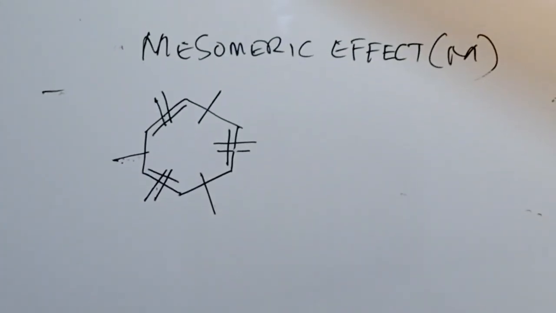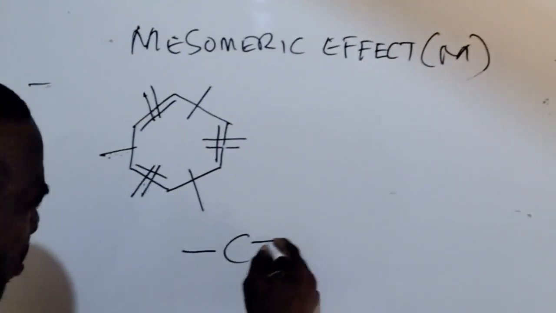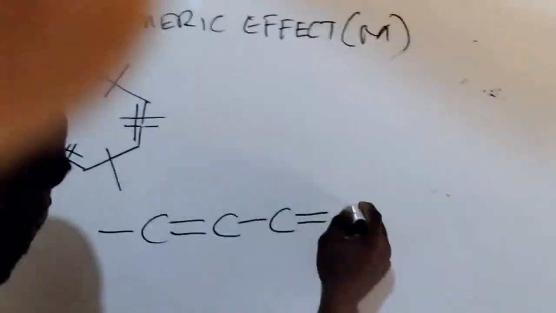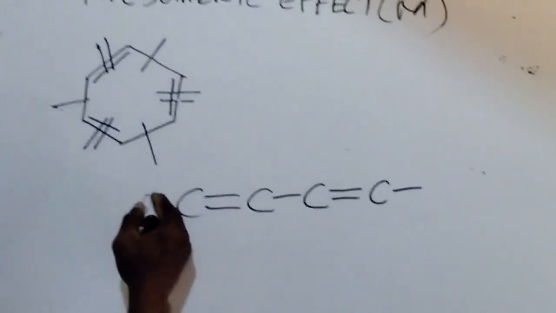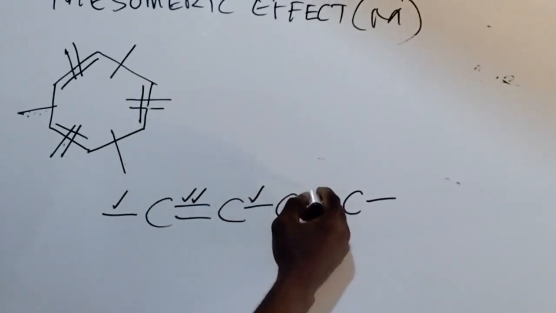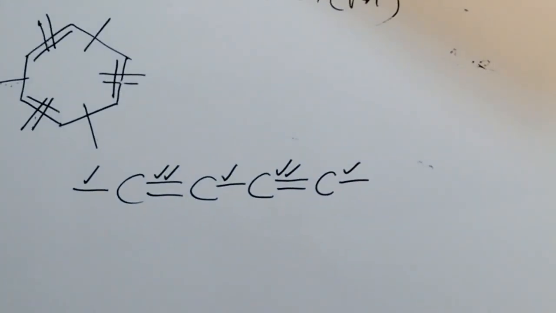The system does not have to be cyclic, though. We can still have a system like this. Somebody asks, can mesomerism occur in this kind of system? The answer is yes. You see a single bond, double bond, single bond, double bond, single. So this system is also a conjugated system.